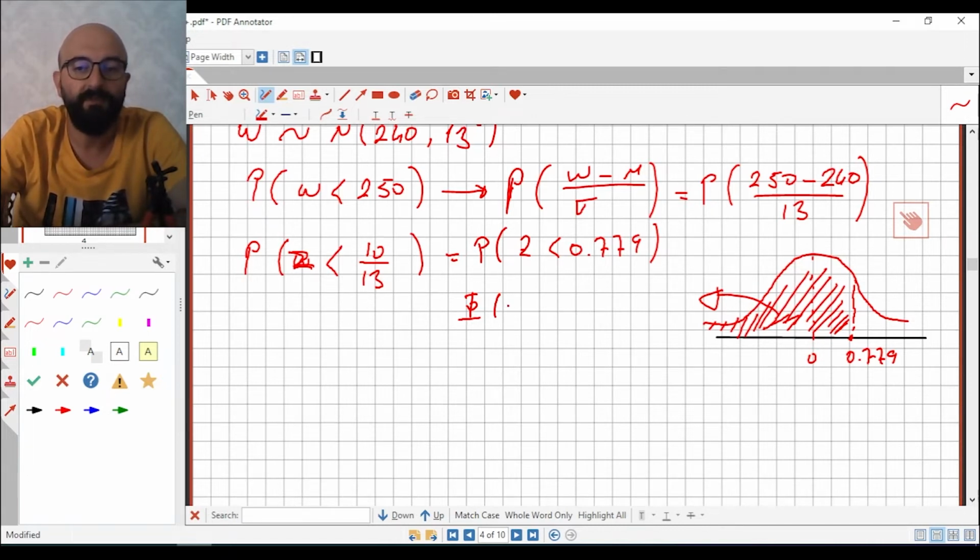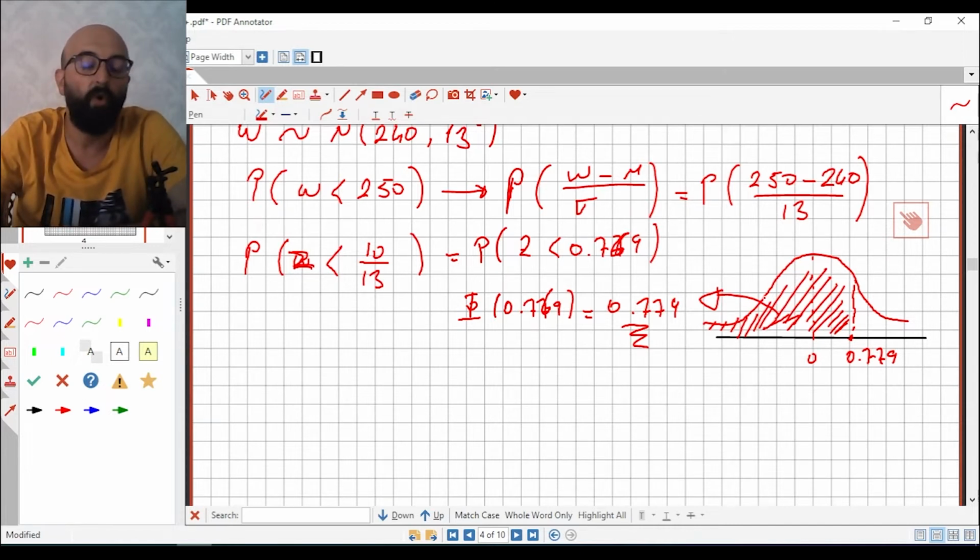So phi of 0.779 is found by looking at the Z table.